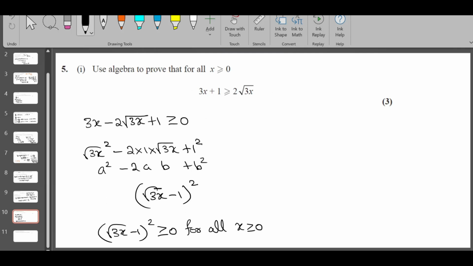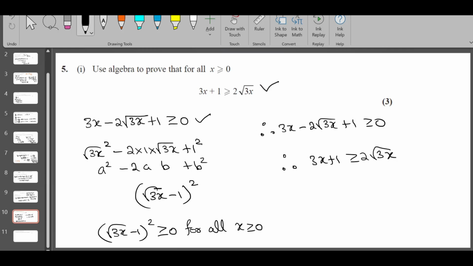Okay, so you can write therefore 3x minus 2 root of 3x plus 1 is greater than or equal to 0. Therefore 3x plus 1 is greater than or equal to 2 root of 3x for all x greater than or equal to 0. So whenever you see an inequality, push everything to one side and just prove it as positive or negative depending on the inequality sign you have.